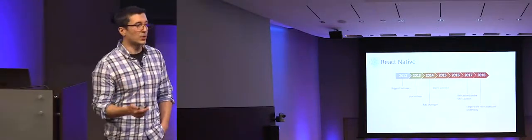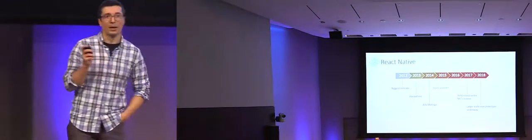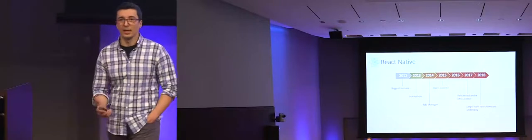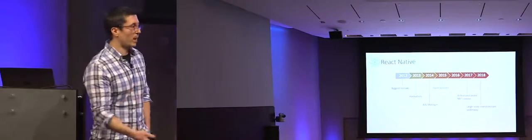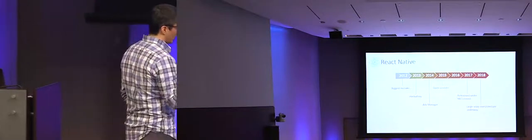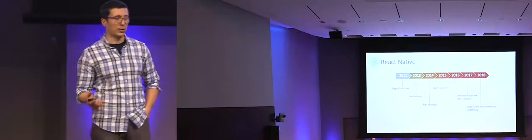And it's got an interesting history in that around 2010, Facebook invested heavily in hybrid apps. And they wanted to build a web app and iPad app and iPhone app using HTML5 and iOS and Android.